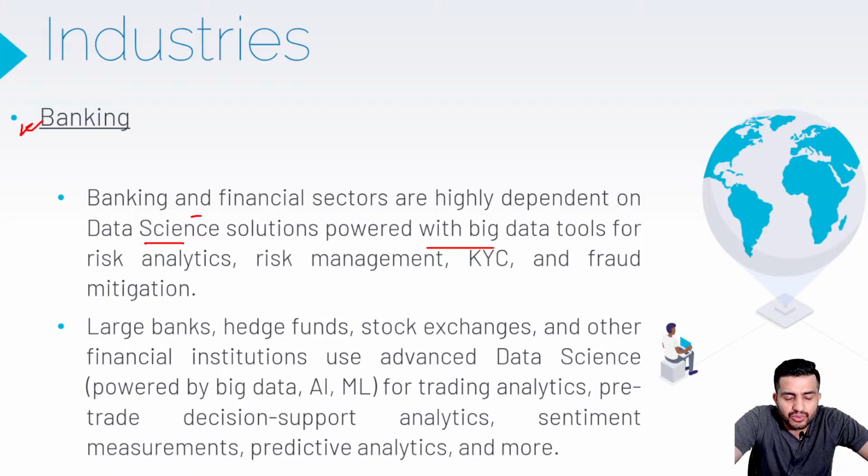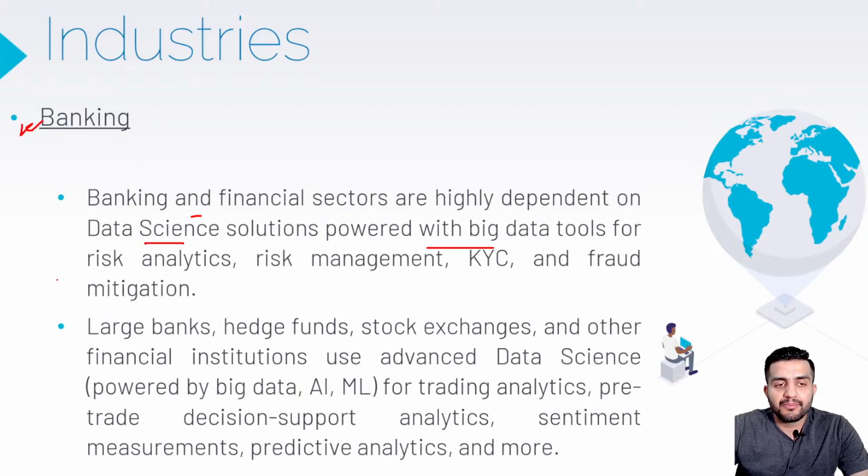So big data tools are used to power the data science solutions, which might include risk analysis: profiling of my customers, doing risk analytics and risk management, taking some preventive actions based on the analysis results, and advising the banking firms to take respective decisions for XYZ customers if flagged.